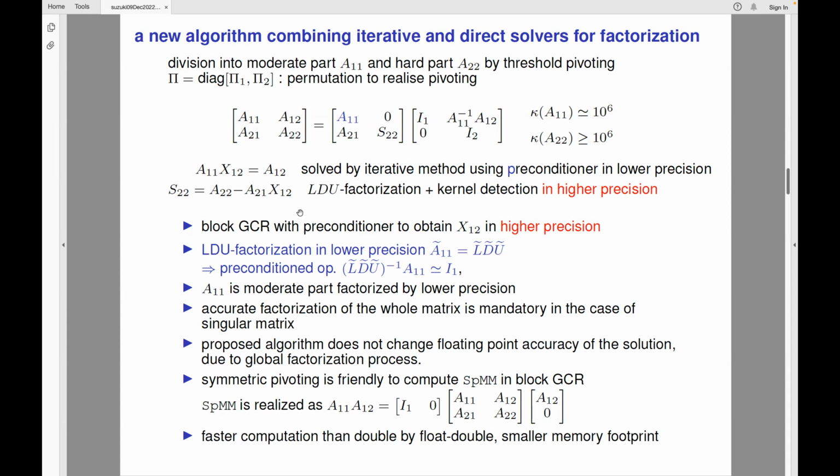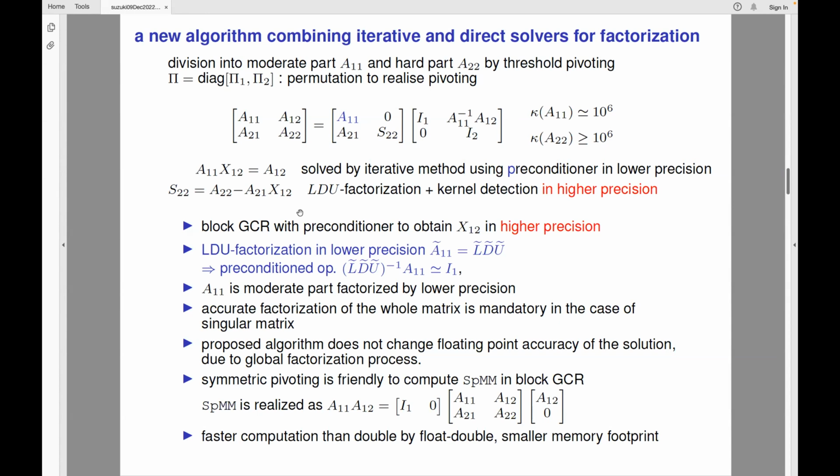That means the Schur complement is still computed accurately in higher precision. So the Schur complement S22 could be singular, containing the very huge physical jump plus some numerical defect, as a singular system. So to summarize, it is the block generalized conjugate residual method with a preconditioner that is computed by LU factorization in low precision.